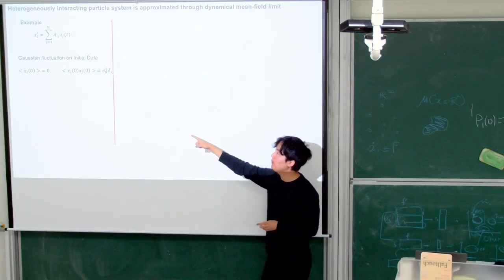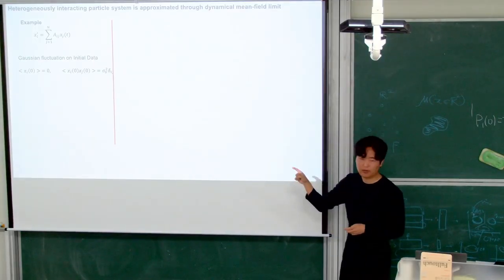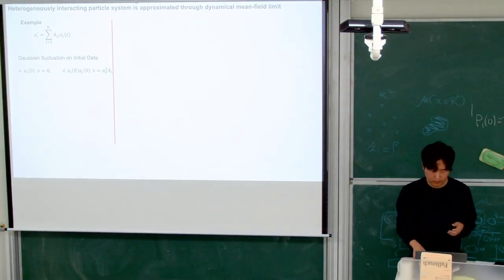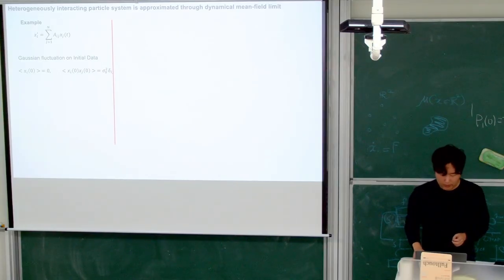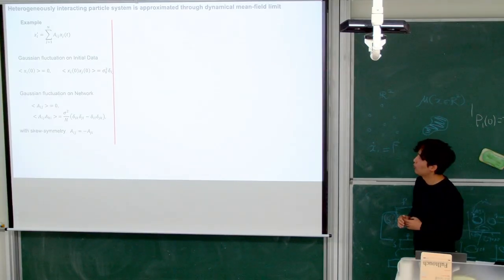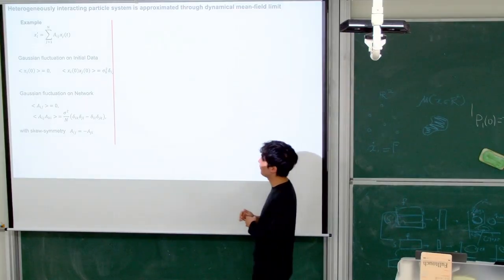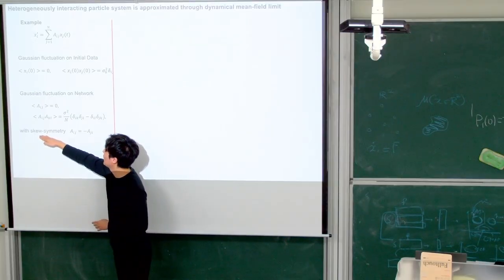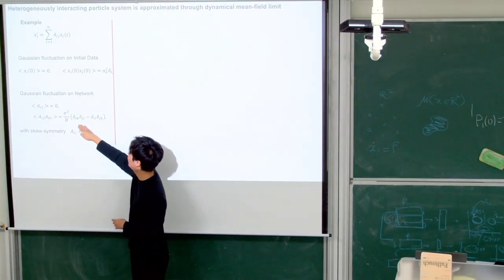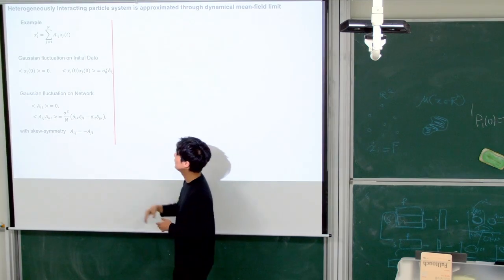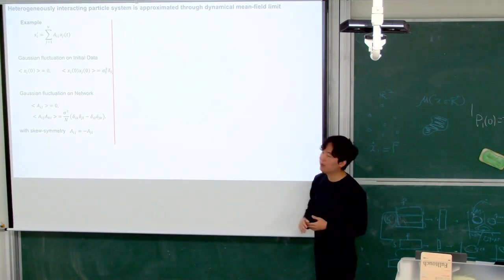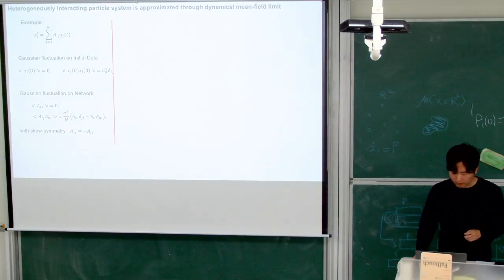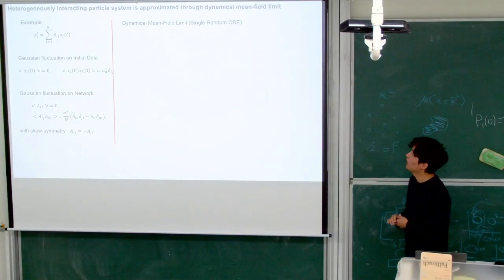If they are the same, then xi squared is sigma squared. So you have the variance or the standard deviation. You also impose some assumptions on the network. In particular, we have skew symmetry on the network like this, and you also have some kind of Gaussian statistics.